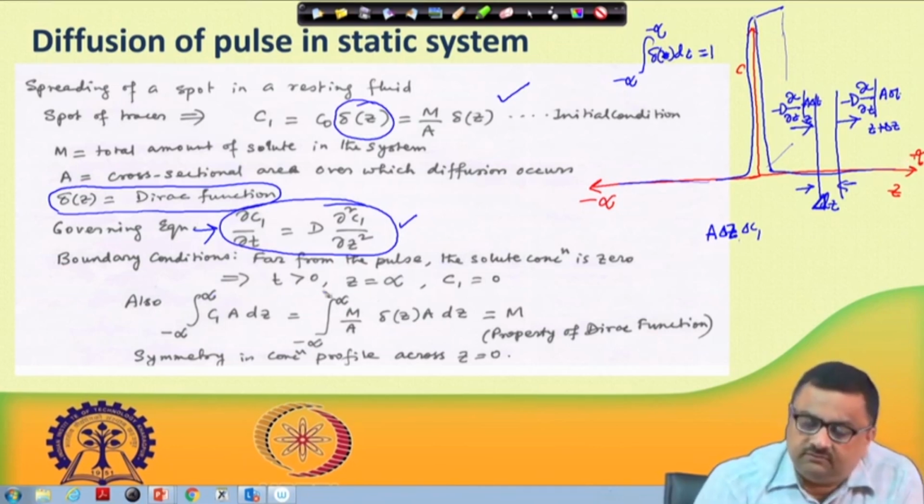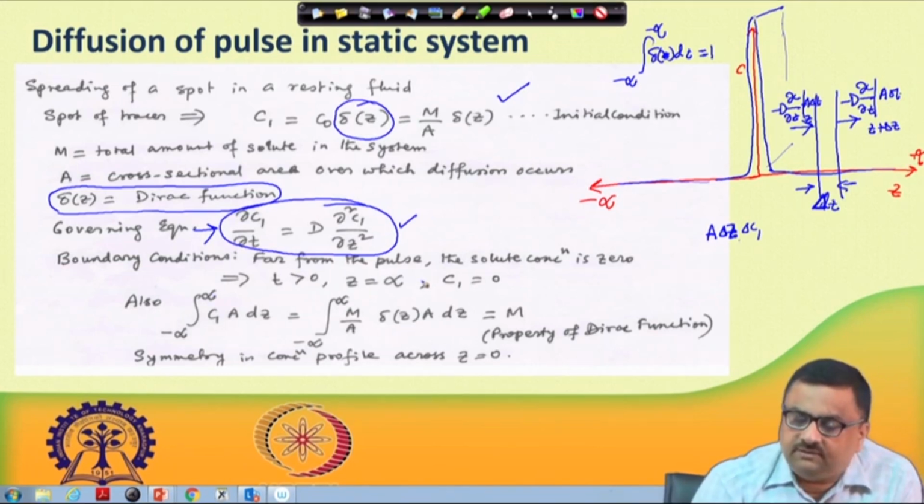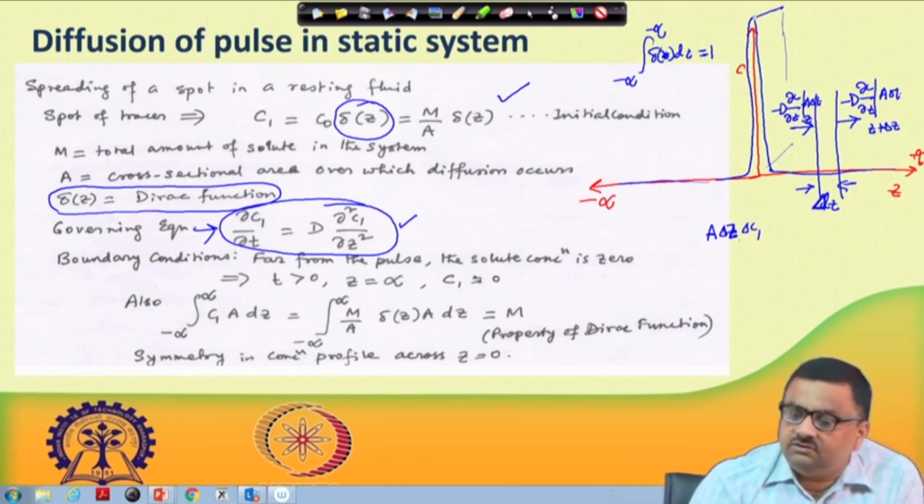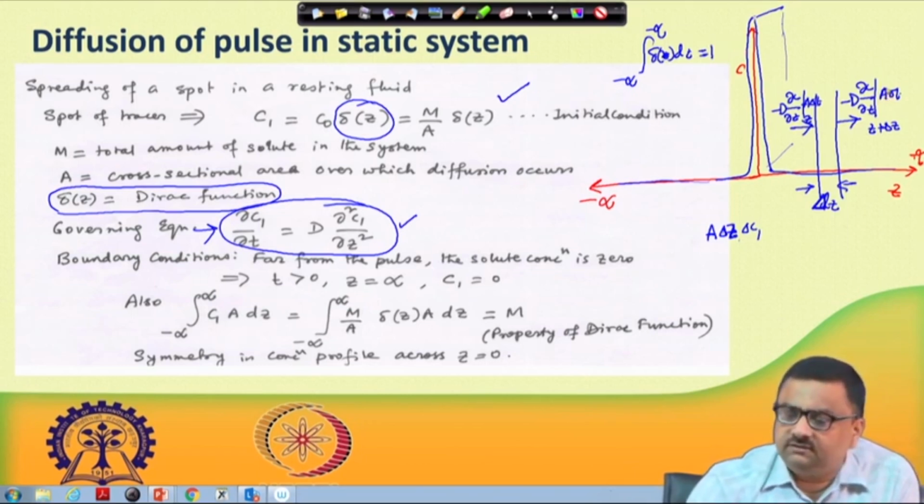So, for t greater than 0, at z equal to infinity, C1 is equal to 0. We are focusing only on the right part of this problem, because the left part would simply be the mirror image.